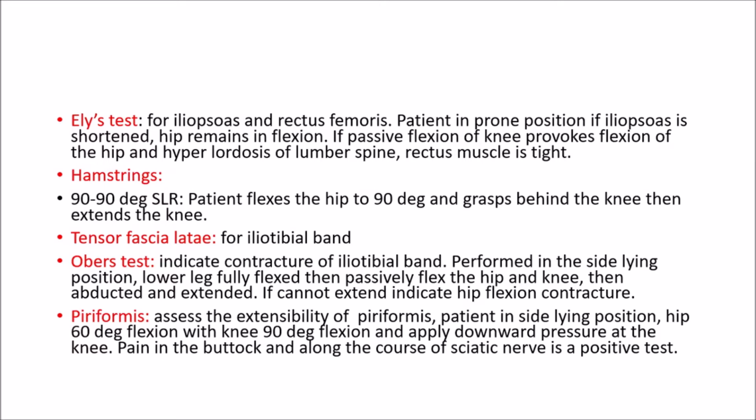Next, we will check the hamstring muscle. The function of the hamstring muscle is to extend the hip and to flex the knee. To check the hamstring muscle, we perform the 90 to 90 degree SLR.